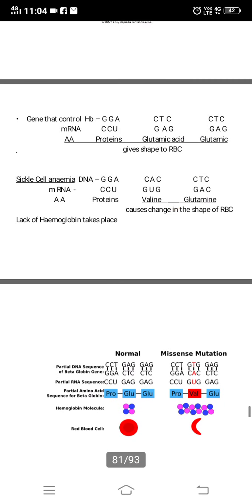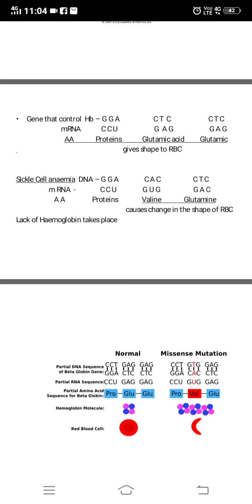Looking at the sickle cell anemic DNA, a mutation takes place. So this CTC is changed to CAC. Now in RNA, cytosine pairs with guanine, and adenine forms a pair with uracil in case of RNA, while in DNA it pairs with thymine.